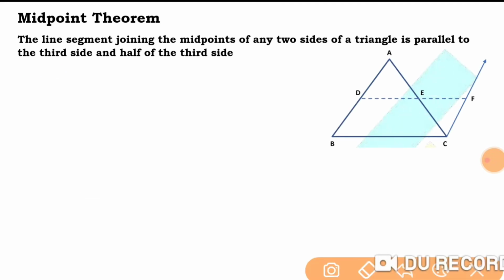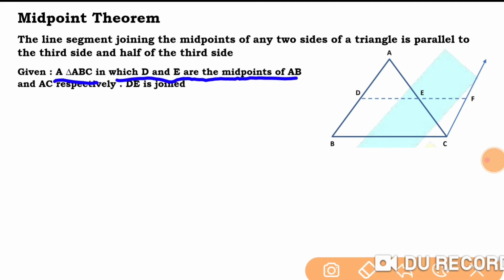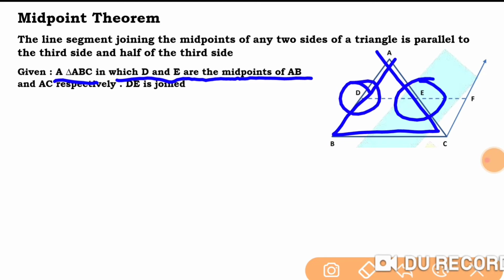After the statement, there will be a diagram. Let us see what we have considered. In the given data, we have considered triangle ABC, in which D and E are the midpoints of the sides AB and AC, and DE has been joined.